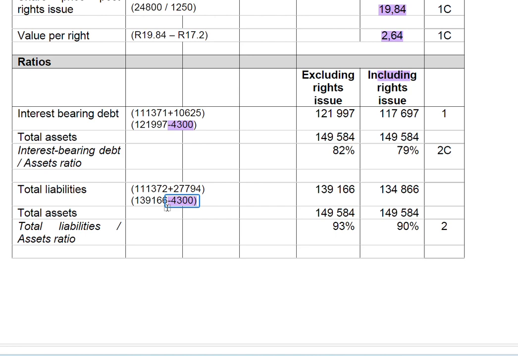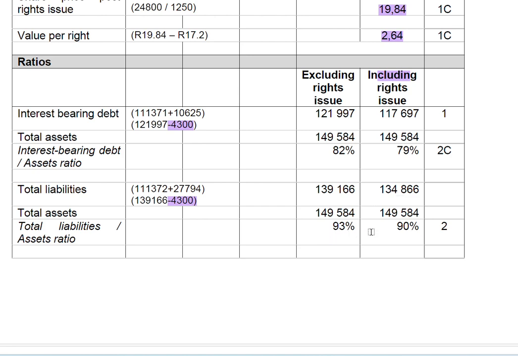And then when we're looking at the post-right issue, we have to minus 4.3, because we're going to get a cash advance from this right issue. Then it will reduce the liability, because we need this amount to settle the liability that is due on the 30th of September.